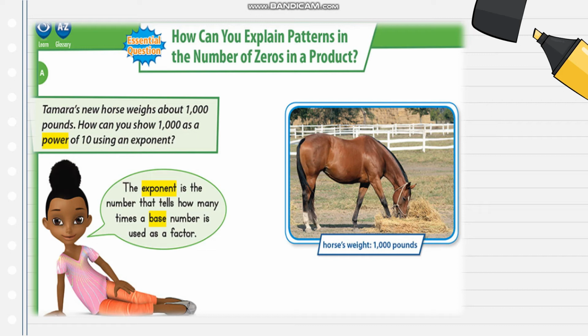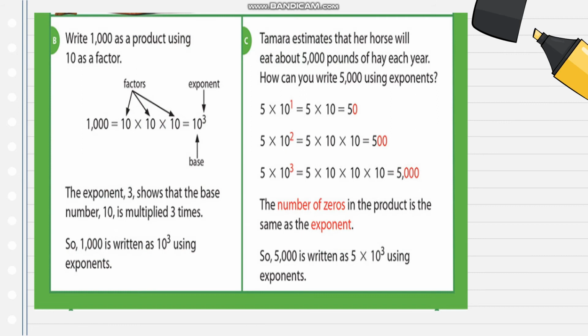Let's analyze this problem. Tamara's new horse weighs about 1,000 pounds. How can you show 1,000 as a power of 10 using an exponent? So the exponent is the number that tells how many times a base number is used as a factor. So we're going to answer that question. We're going to write 1,000 as the product using 10 as a factor.